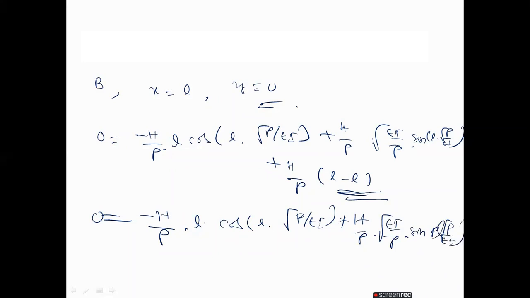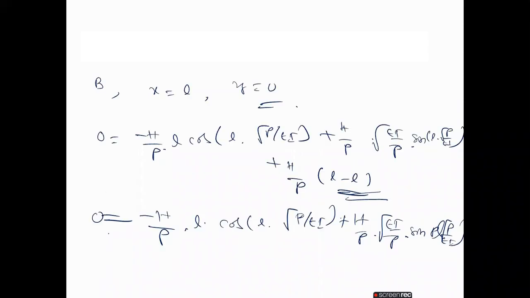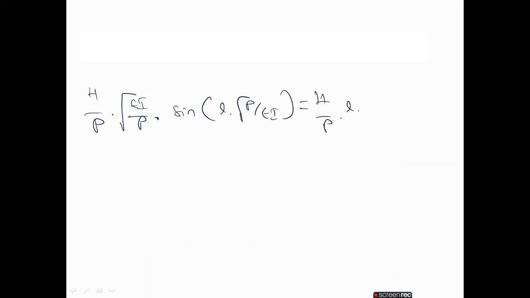So from this equation, if you send this part to this side, the positive sign will happen. So I will write again: h by p into square root of ei by p sin L into square root of p by ei equal to h by p into L into cos L into square root of p by ei.